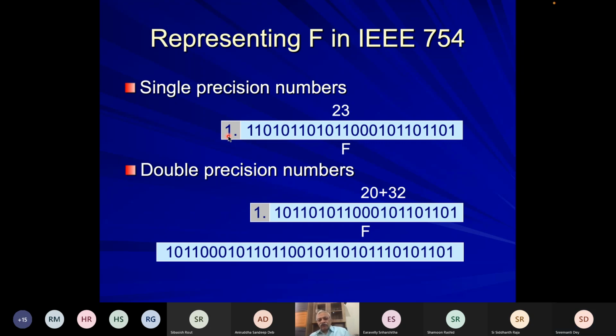If you are storing this in 2 memory locations, each of 32 bits, then one of the words will have 20 bits of fraction, 11 bits of exponent, and 1 bit of sign, and the second word will be entirely for the fraction. So all this put together, you can think of it as a 52-bit fraction, and with this implicit 1, it is effectively 53 bits.